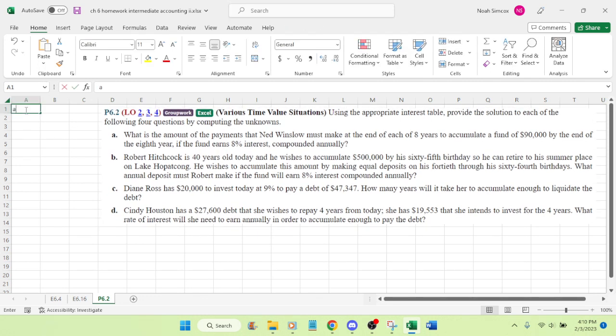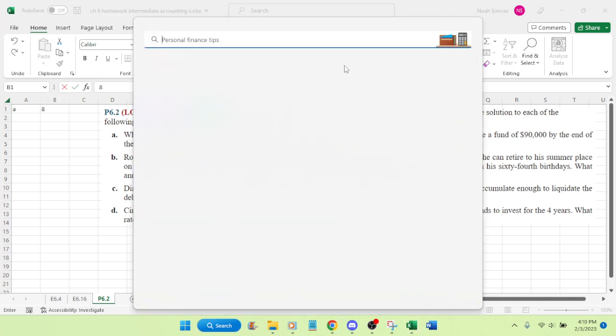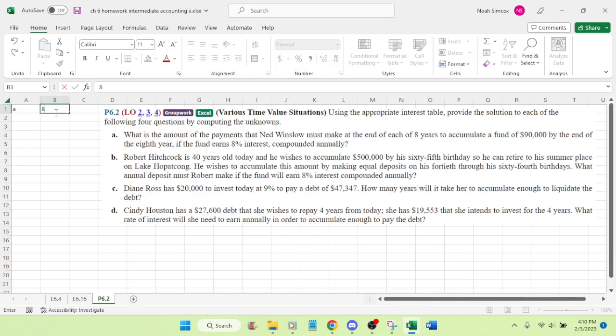So we have A. What is the amount of payments we must make at the end of each of the 8 years? So we have 8 years. Stop. What the heck? We have periods. Number is 8.